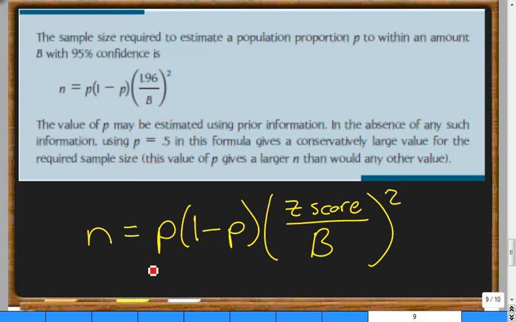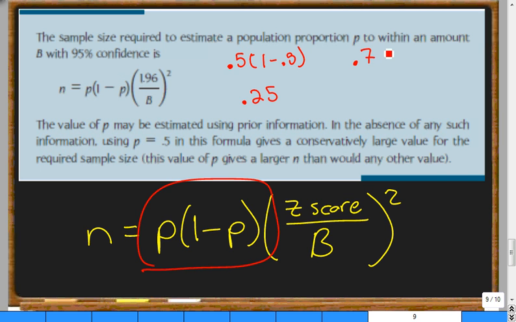So like a reason for that, look at this section here, p times 1 minus p. If you did 0.5 times 1 minus 0.5, that makes 0.25. Okay, well, it's a small number. Now, if you were to pick any other numbers, like if you said 0.7, and 1 minus 0.7, so the further you get away, this ends up being 0.21, which is a smaller number.